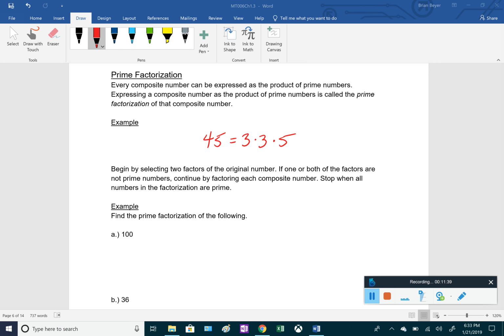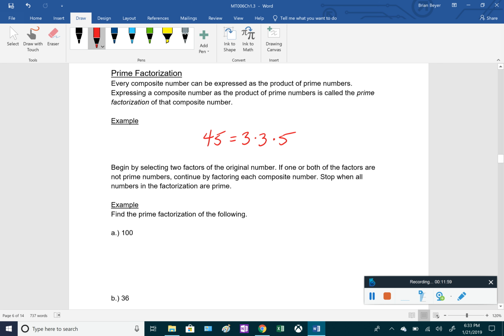We expressed it as a product of its prime factors. The way we can do this is to start by selecting 2 factors from the original number. If one or both of the factors are not prime numbers, we continue to factor each composite number until they're all prime numbers. And we're going to write our final answer as a product of the prime numbers.